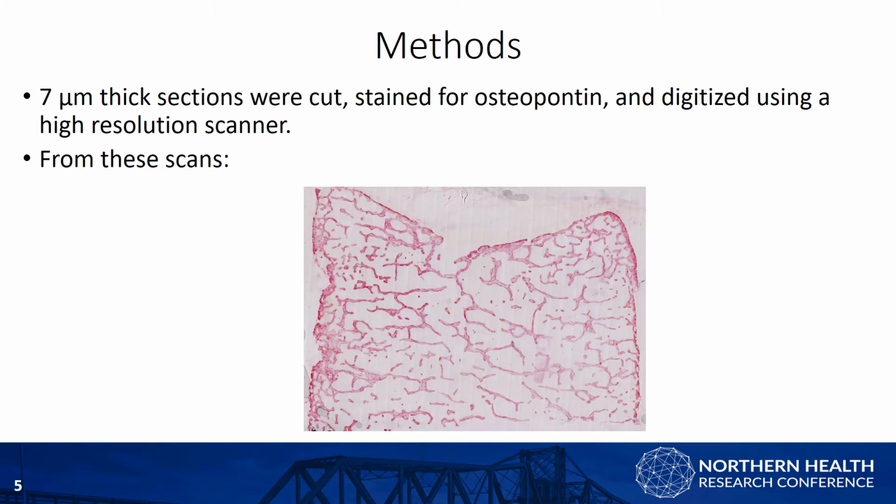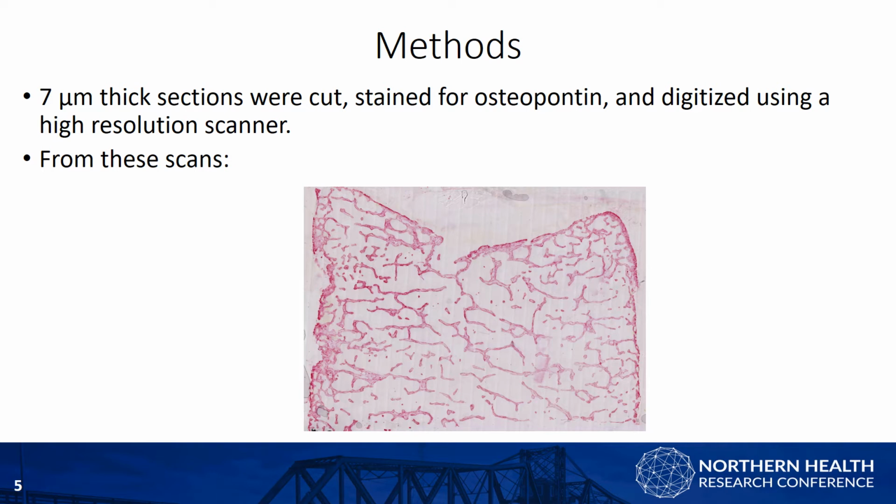From each of the 16 vertebral specimens provided, a 7 micrometer thick frontal section was cut using a microtome. The sections were then stained using an osteopontin immunohistochemical staining procedure, which targets the osteopontin-rich cement lines separating the BSU from one another. The stain turns the cement lines bright pink, allowing the perimeter of each BSU to be visualized.